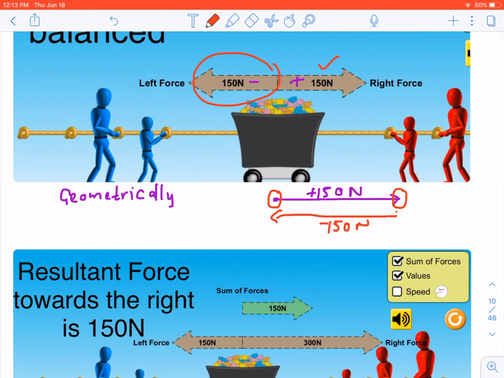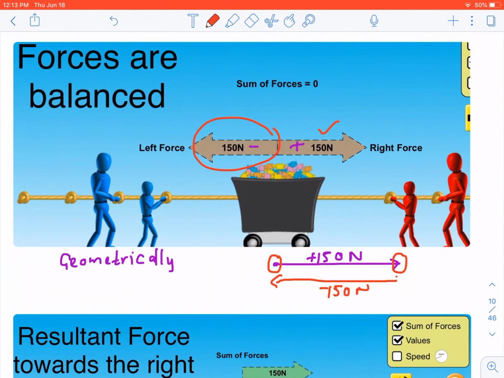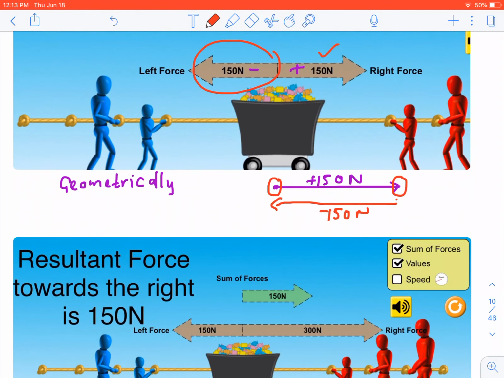So what is the resultant? The resultant in this case is equal to 0, isn't it? Because when we add these vectors successively, the resultant is that the force is back to where it originally was.